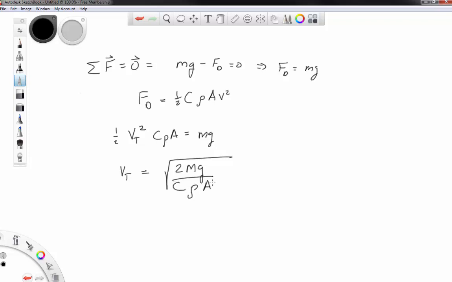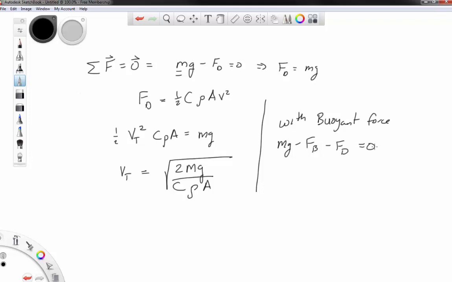And if you wanted, again, to modify this to include the buoyant force, you would use a slight modification to this mass term. You basically have mg minus fb minus fd is equal to 0.